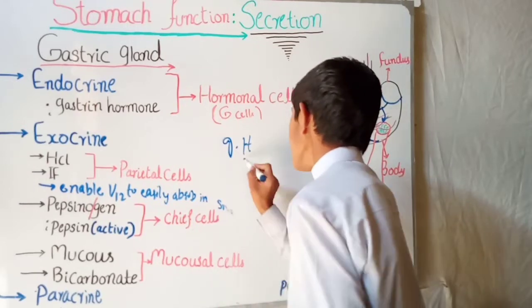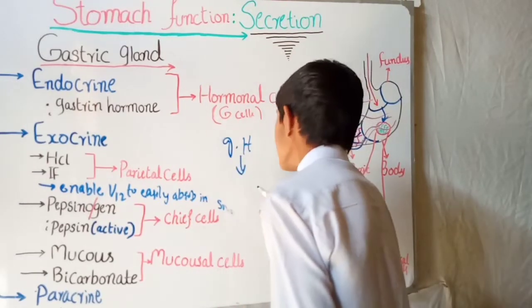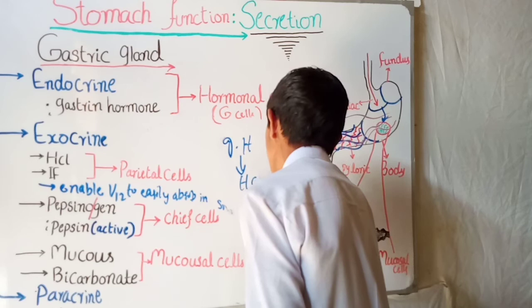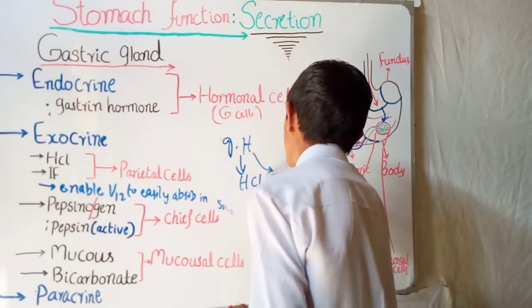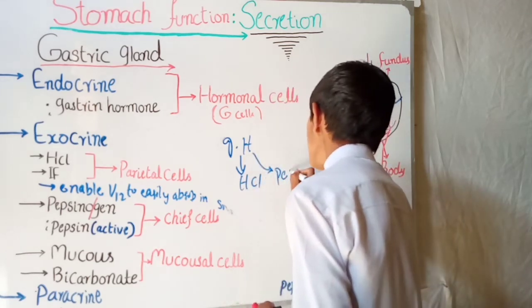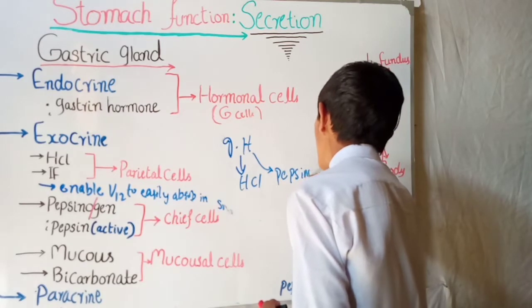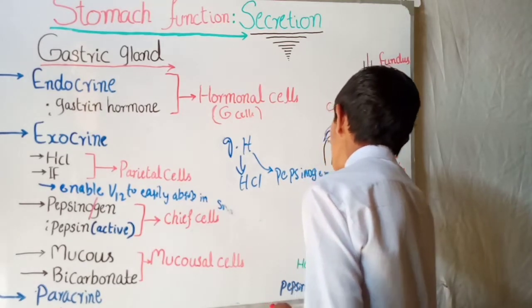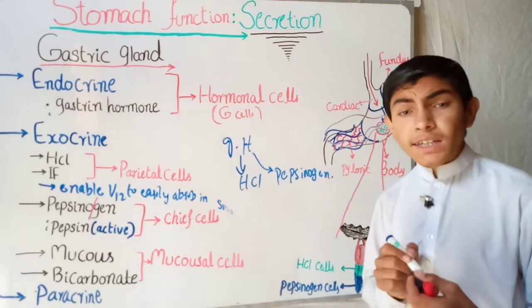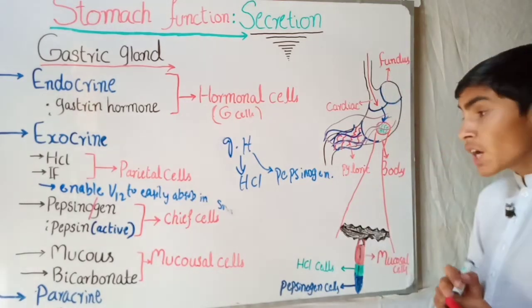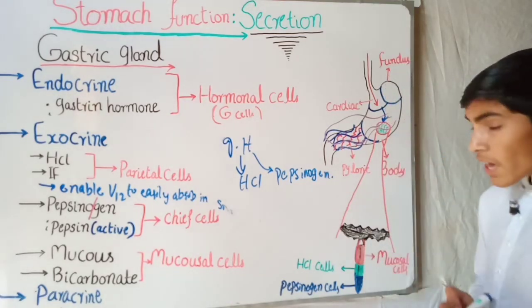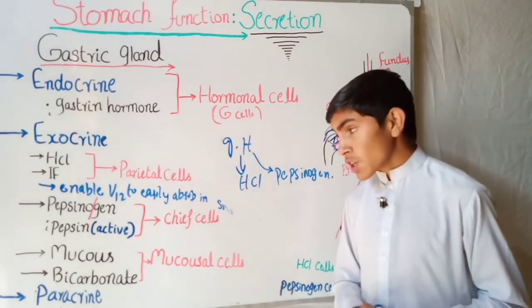Gastrin hormone stimulates the HCl, and it also stimulates the secretion of pepsinogen, but this pepsinogen is inactive. Inactive means that it is not able to break down the large protein molecule into small chains of amino acids.